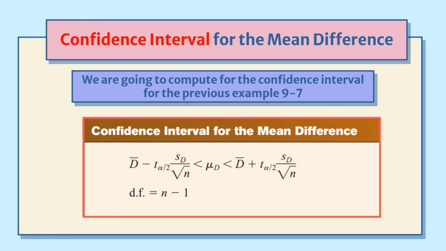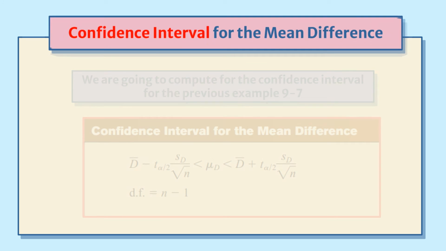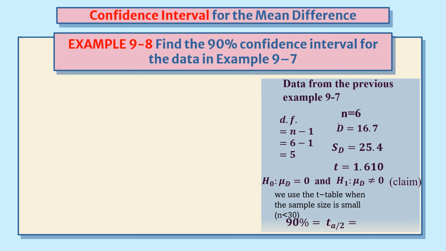We have this formula for the confidence interval for the mean difference. So, this will be our example 9-8. We find the 90% confidence interval for the data in example 9-7. And these are the values from the previous example.